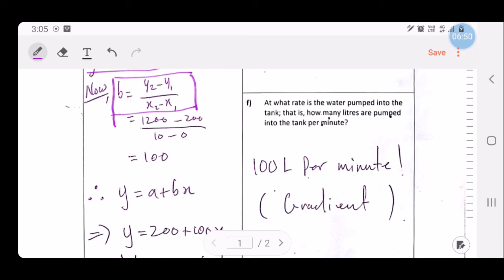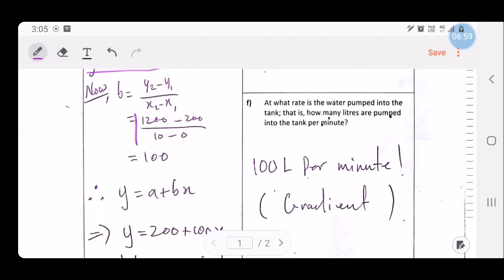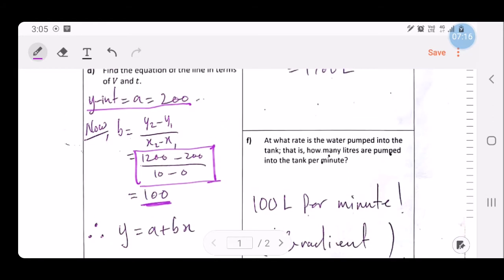So substituting those into our formula, we get (1200 minus 200) over (10 minus 0). So that's y2 minus y1 over x2 minus x1, which is 1000 over 10, which simplifies to 100. Okay, so that's our gradient. So we have everything we need now. We have a y-intercept and we have a gradient.